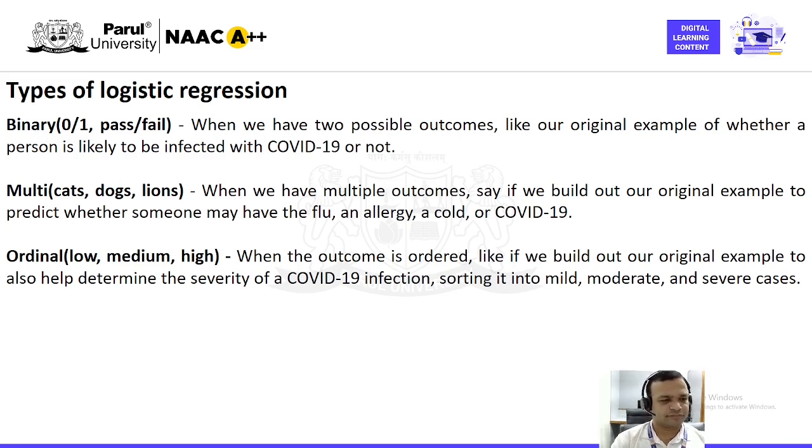Ordinal: low, medium, high. This is when the outcome is ordered, like if we build out our original example to also help determine the severity of the COVID-19 infection, sorting it into mild, moderate, and severe cases. Low, medium, high, mild, moderate, or severe.